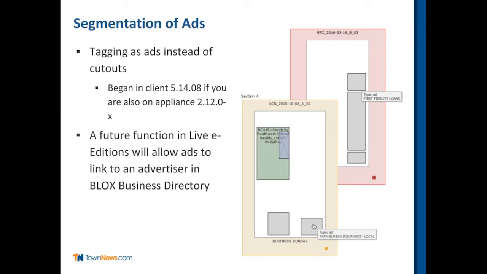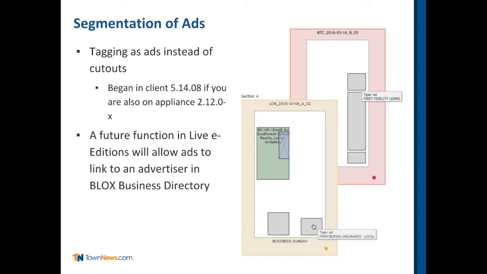And as Rich pointed out, we're also sending an advertiser ID, and then as a setup process inside of Live e-edition's Business Directory, we should be able to connect those ads by advertiser in BLOX Business Directory. So that's coming soon. I'm really excited about that particular thing. The first part of it is that we know these things are ads and who the advertiser is. That's working now. Let's go to the next slide.